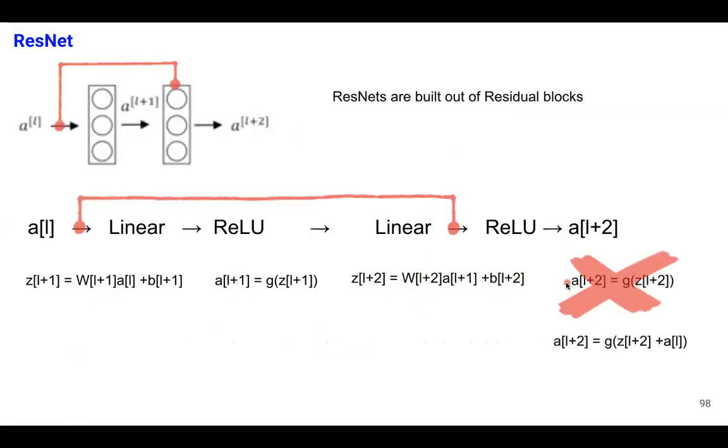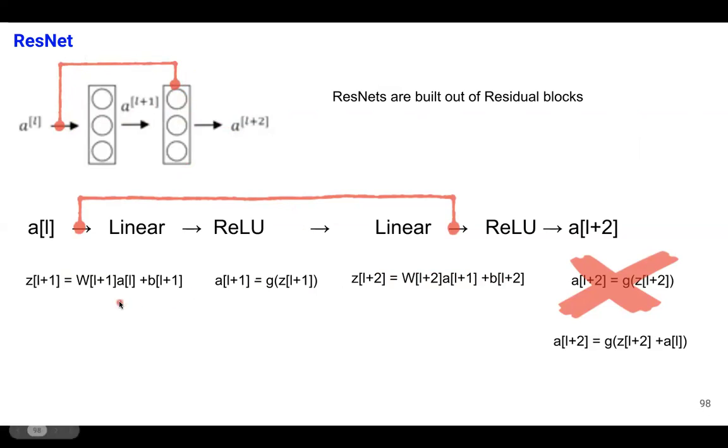And what ResNet does, it's called a residual net, or this is a residual block. So res in ResNet is residual. What it does is that it builds a skip connection. This is called a skip connection. So you take A^L and feed it directly to the (L+2)th layer.